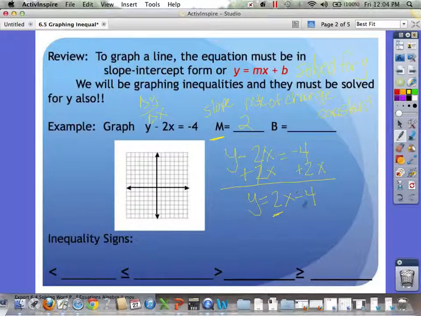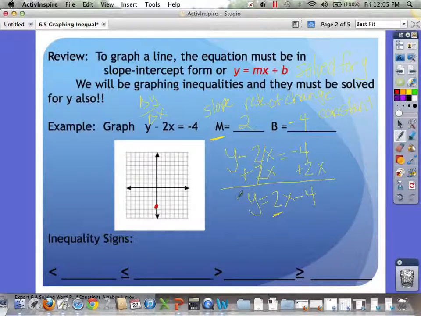And that is always going to be in the back end of your problem if you have it set up right. So this is going to be a negative 4. All right, so remember we begin on b when we graph. So we're going to put a dot at negative 4 on your y line. 2, 3, 4, dot. Whoops. That's an awfully big dot.